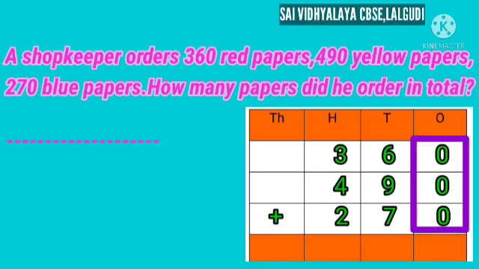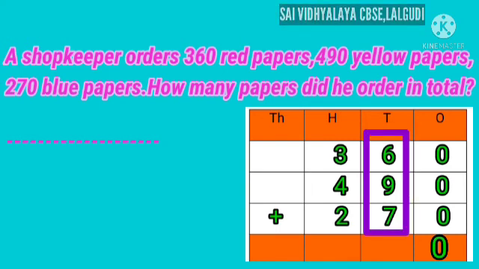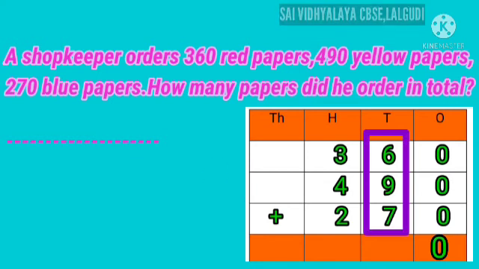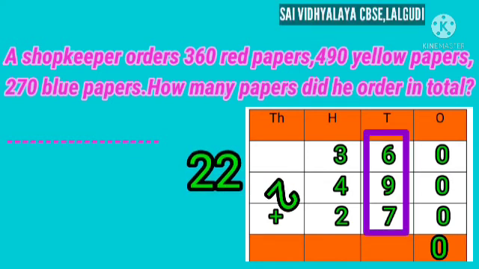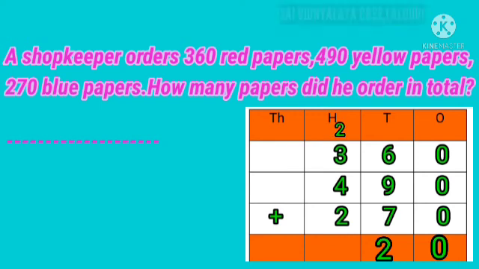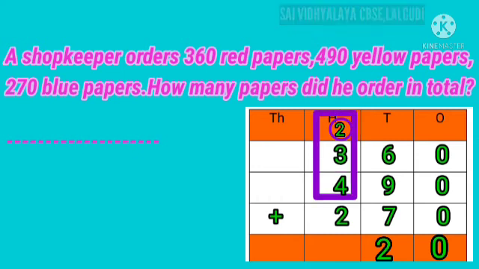0 plus 0 plus 0 is equal to 0. Write 0 in ones place. Now add the numbers in tens place. 6 plus 9 is 15. 15 plus 7 is 22. 2 to be written down and 2 is carried over to the next digit, that is hundreds place. 2 plus 3 is 5. 5 plus 4 is 9. 9 plus 2 is 11.